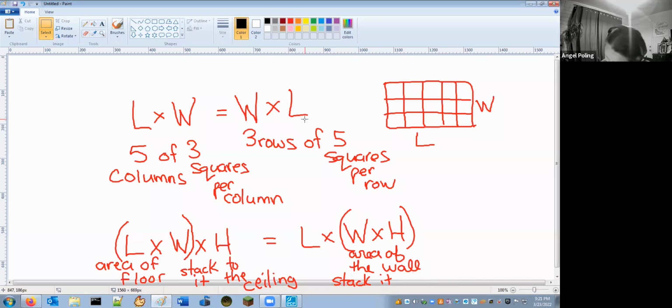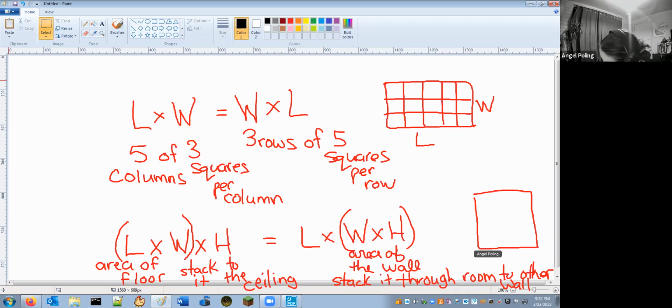We stack it through the room to the other wall, something like that. You get my gist though, right? So across the room to the other side. And that's volume, right? Which, you know, you don't want to see me draw a cube, but here goes. Nope. Sorry. Terrible, terrible cube. Okay.